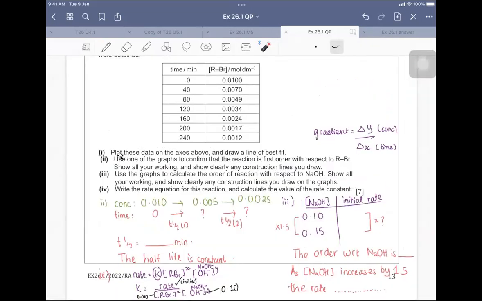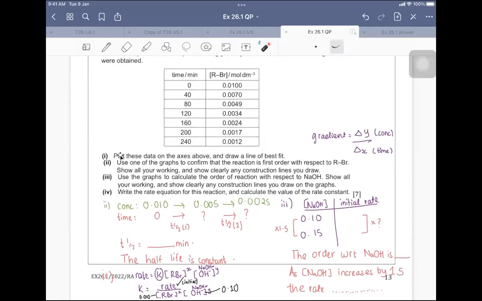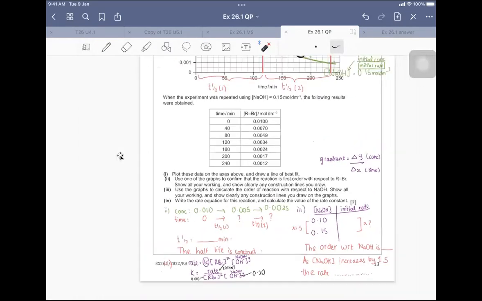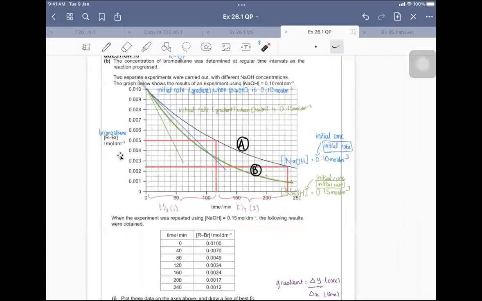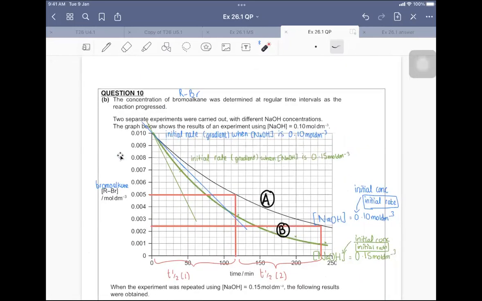All right. I will let you complete this question. So that is all for today. We will not do a lot of questions because I think you will need a lot of time to digest the information, especially for this graph, because I feel like this graph can be confusing because the y-axis is of bromoalkane, but then each graph is for a different initial concentration of sodium hydroxide.